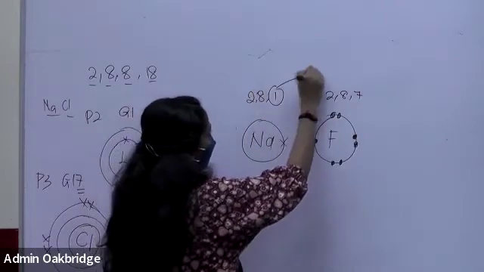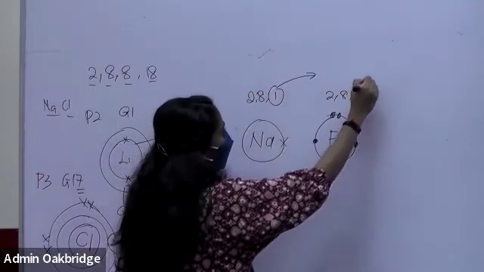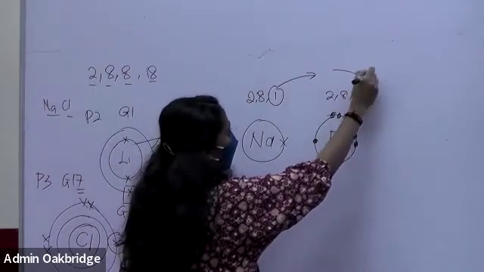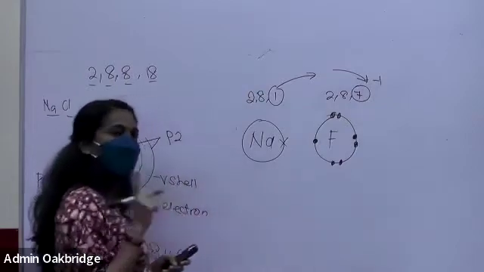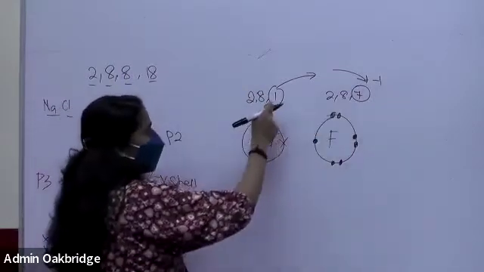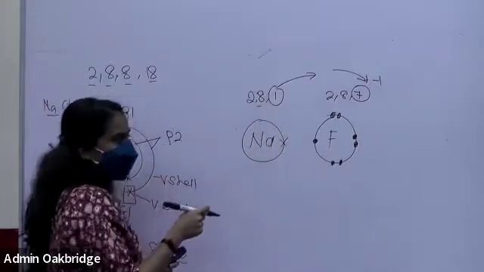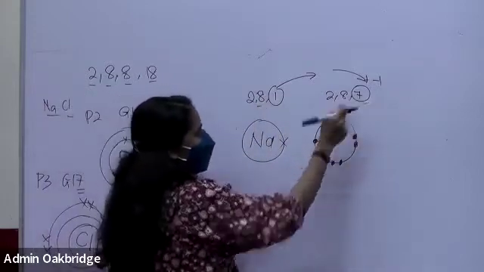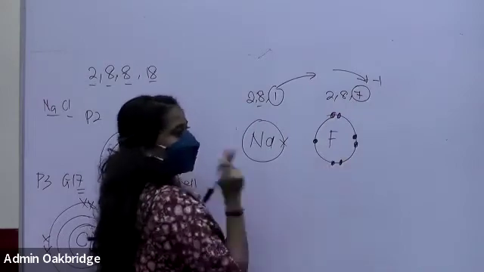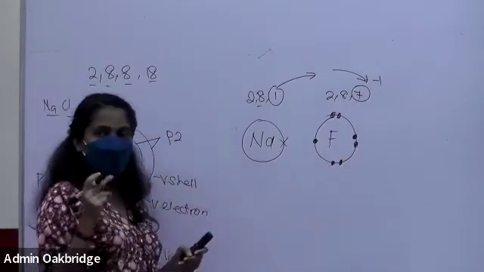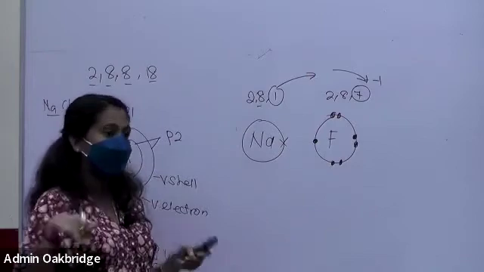This one I will give away, and this one I need 1. I need 1 electron here. I will give away this 1 electron, because by giving away I become stable. But my friend becomes stable only by taking 1. Imagine, whether giving 1 is easy or giving many is easy.